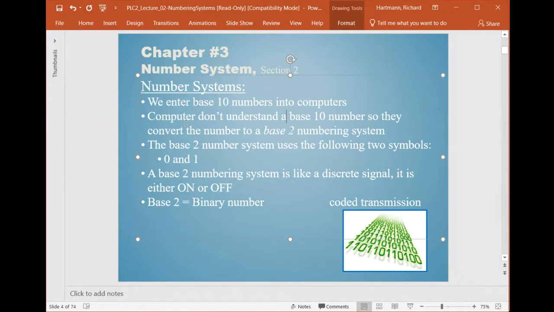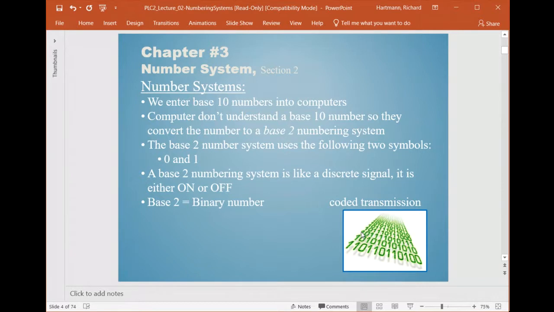These are binary computers, which means all they can sense is either a high voltage or no voltage, or very little voltage, 0.5, 0.7 volts, so a low voltage. That's all they can sense. So we have to do everything in binary.